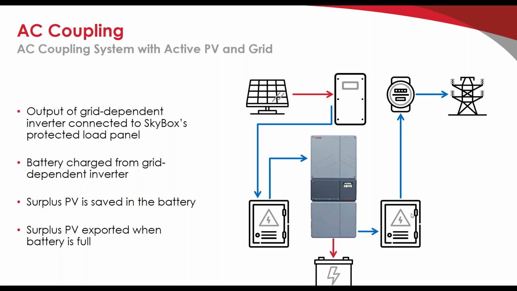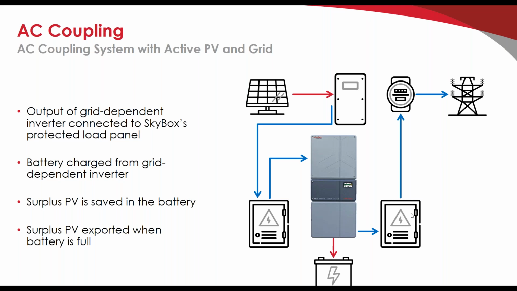Under those conditions, if you don't have that very large 7.6 kW grid-dependent inverter set to do that ride through and that feathering back, then it could produce enough power with no place for it to go that it would trip out the SkyBox. And then it might trip, reset its grid timer. The grid-dependent inverter might trip, reset its grid timer, trip, reset its grid timer over and over again every 5 minutes. And you could argue that there's nothing wrong with that, and you could argue that's a customer education piece.